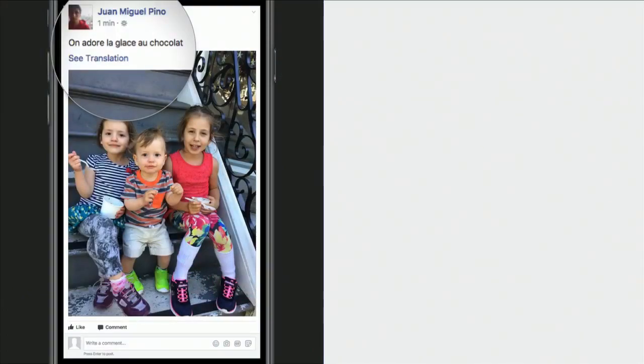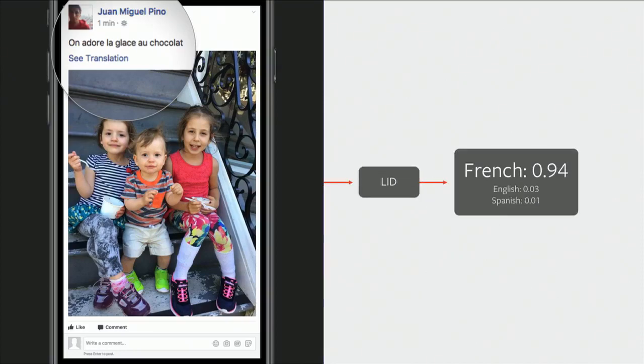So at Facebook, we connect people with different backgrounds and different cultures and that speak different languages. So this means that at some point on your newsfeed, you will probably find some content in a language you don't understand. And in this case, we do want to provide a translation. First, we run language identification on the content you receive, and in this case, we identify the content as being in French.